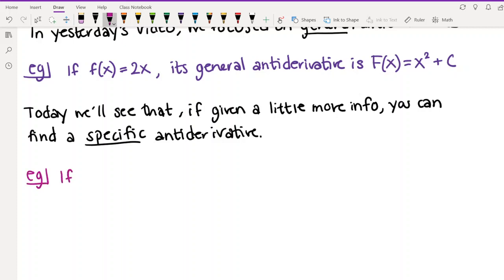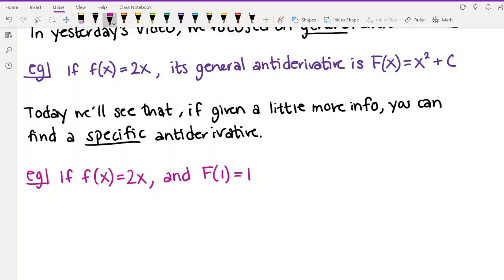I'm going to rewrite basically the same function. Suppose f of x is equal to 2x, and capital F, its antiderivative, satisfies F of 1 equals, what did I say here, 10?